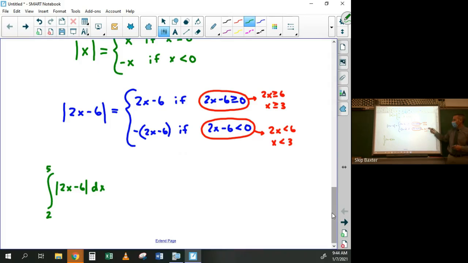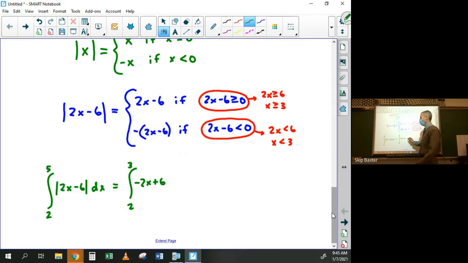So this function changes at 3, so I'm going to have to integrate from 2 to 3. Which function is it going to be for the integrand here? First one or the second one? Second one, definitely, because x is less than 3 in that whole interval, right? So I'm just going to simplify this by distributing. This is actually negative 2x plus 6.